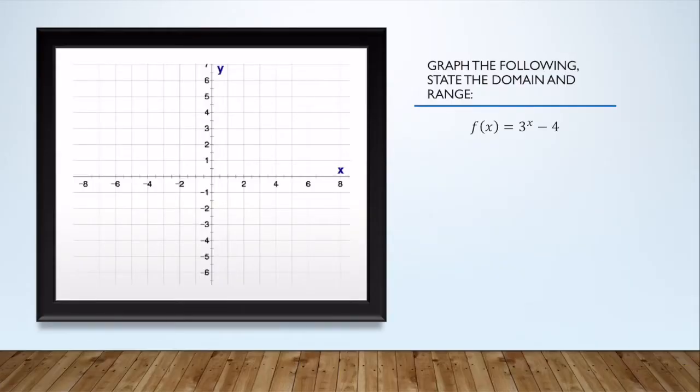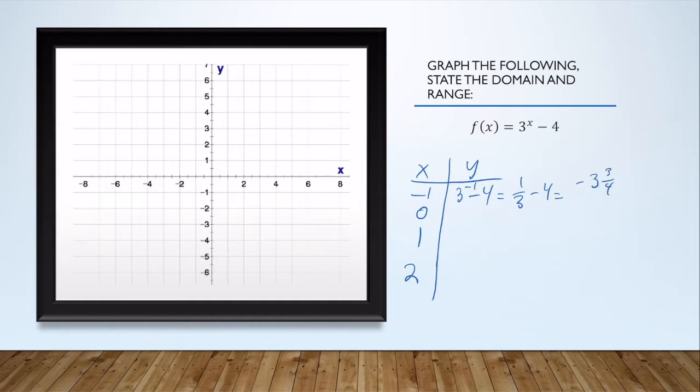So let's go ahead and graph the following and state the domain and range. If I have to plug in some x values, some good ones would be -1, 0, and 1. Let's do 2 as well, to give us our outputs. If I have 3 to the -1 minus 4, that's going to give me 1/3 minus 4, which is -3 and 2/3.